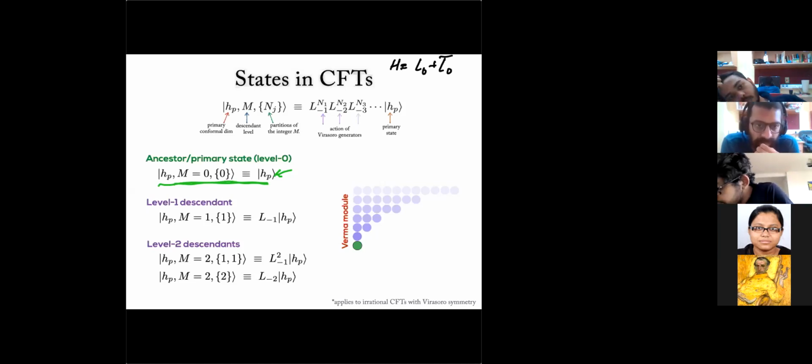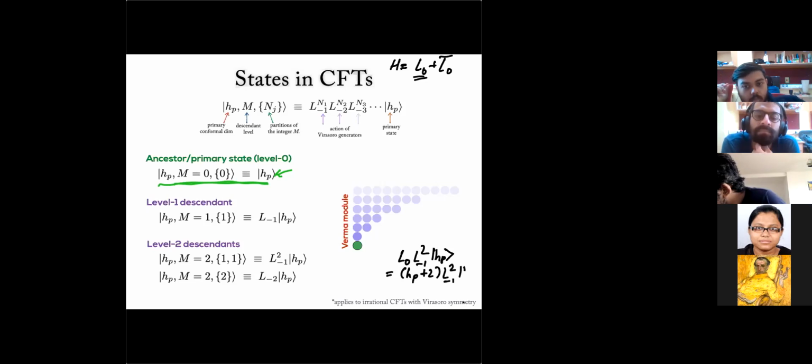For these level 2 states, L0 is going to play a role, since I'm writing only the holomorphic or left-moving part. So look at L0 acting on L minus 1, L minus 1, HP. The eigenvalue of this is going to be HP plus 2. If you do it for the other state as well, you once again get the same eigenvalue. Does that answer your question?